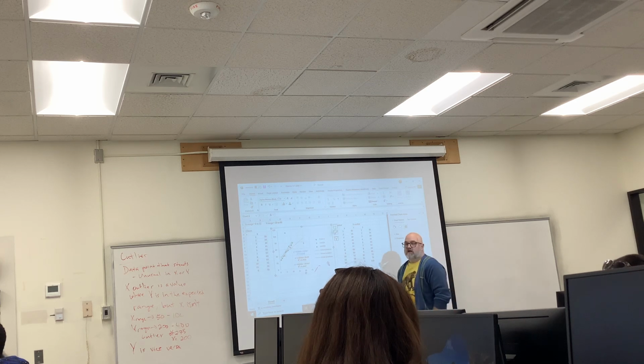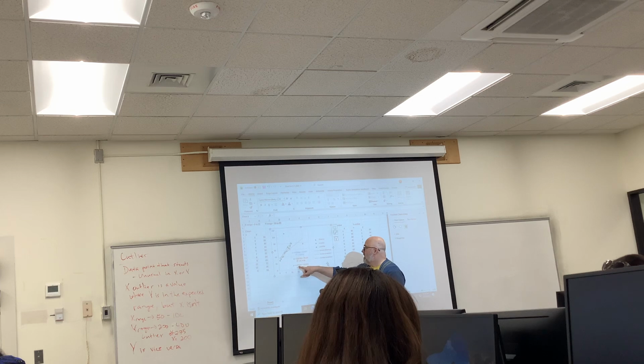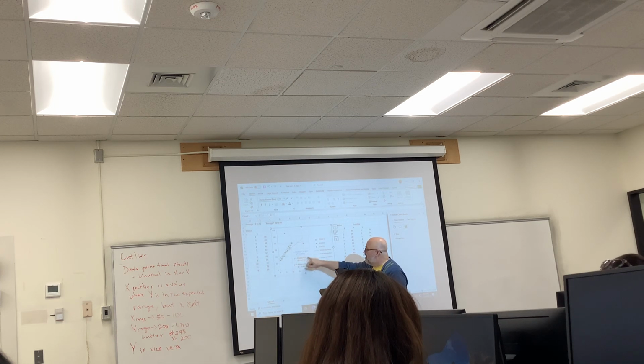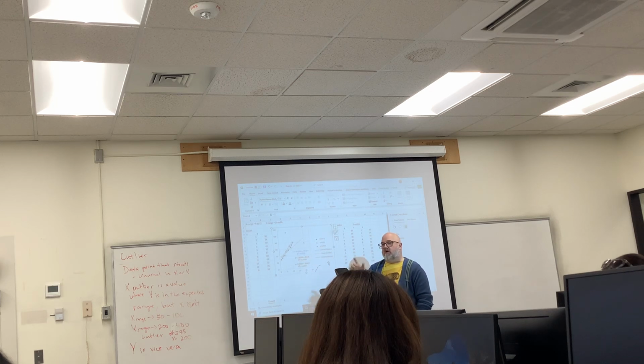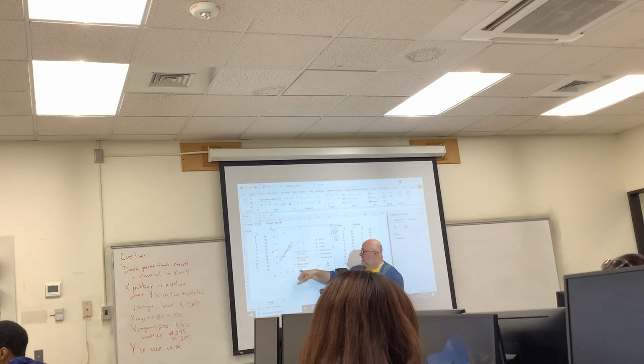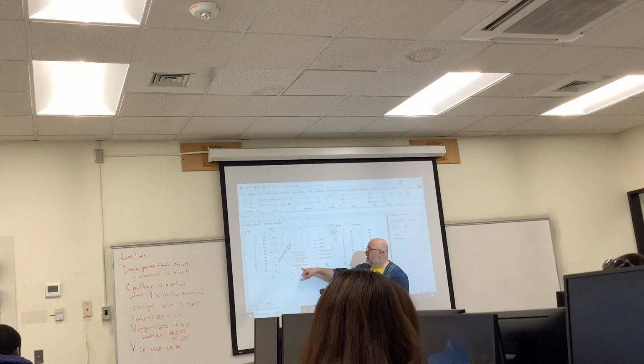Our trend's not that different, is it? Slope's 4.8455, doesn't change. Our intercept shifted up by 5. That's significant, but it's only about a 20% change in our intercept. If you fit this, your R squared's terrible.